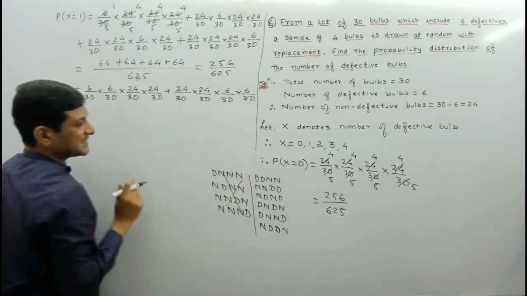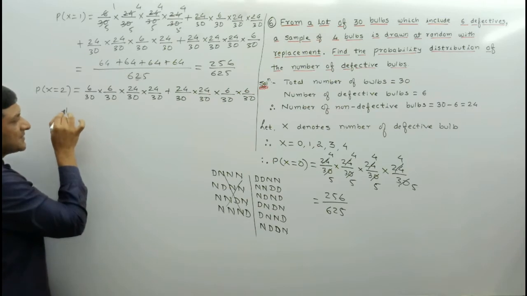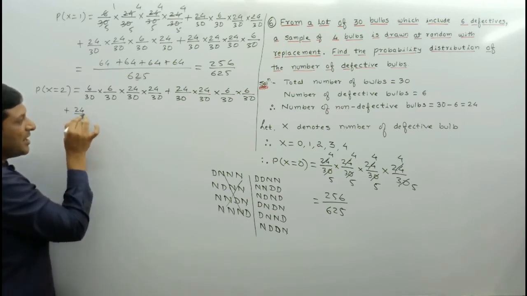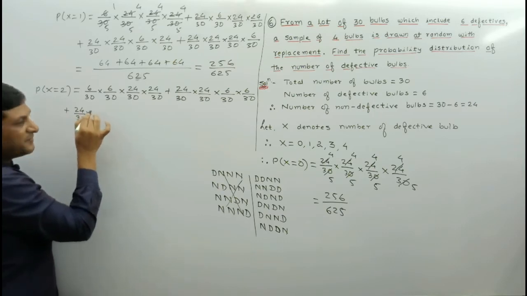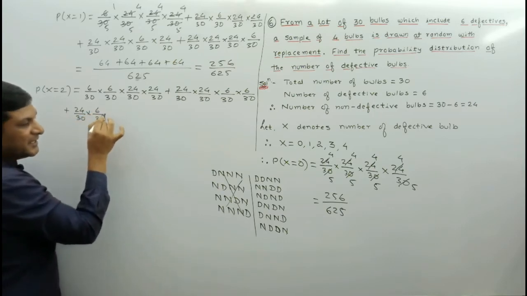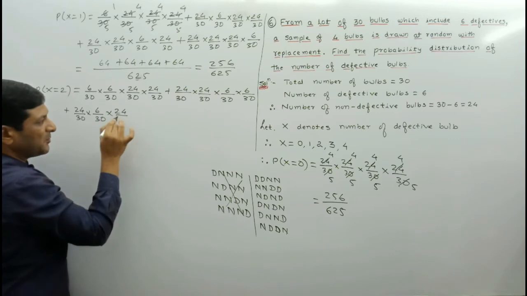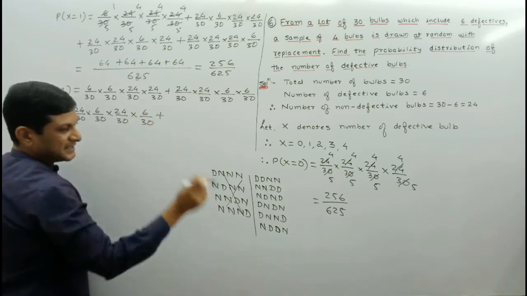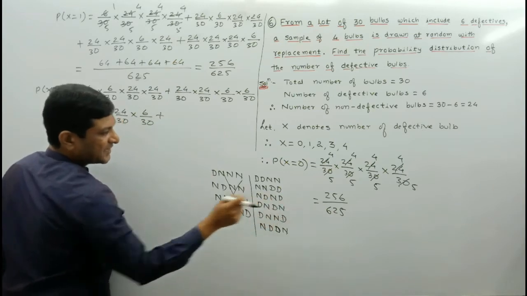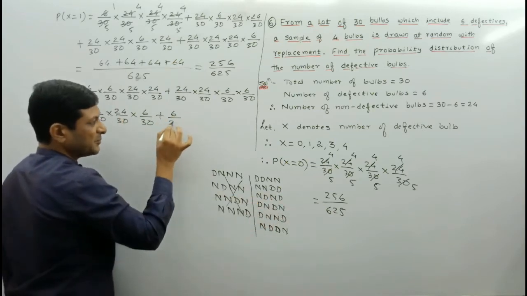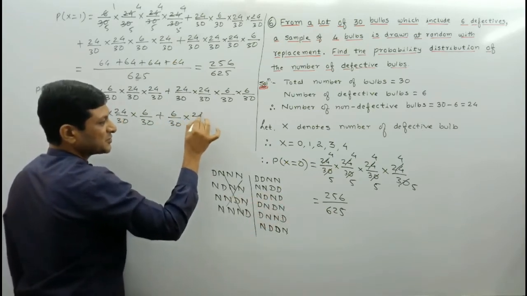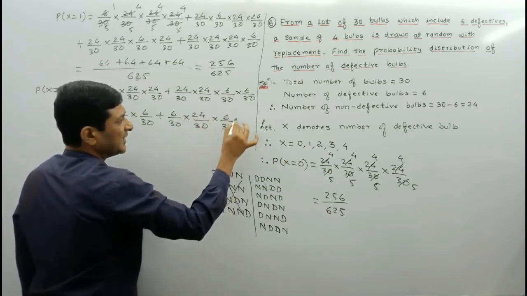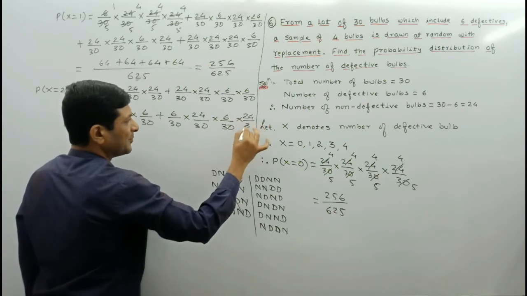Now consider the next case, plus non-defective means 24 upon 30 into defective means 6 upon 30 into non-defective means 24 upon 30 into defective means 6 upon 30 plus. Now defective, non-defective, defective, non-defective. Defective means 6 upon 30, non-defective means 24 upon 30. Again defective means 6 upon 30 and non-defective means 24 upon 30.